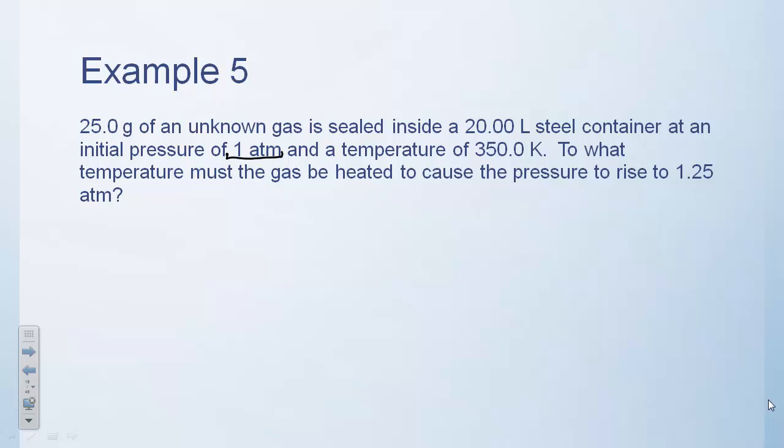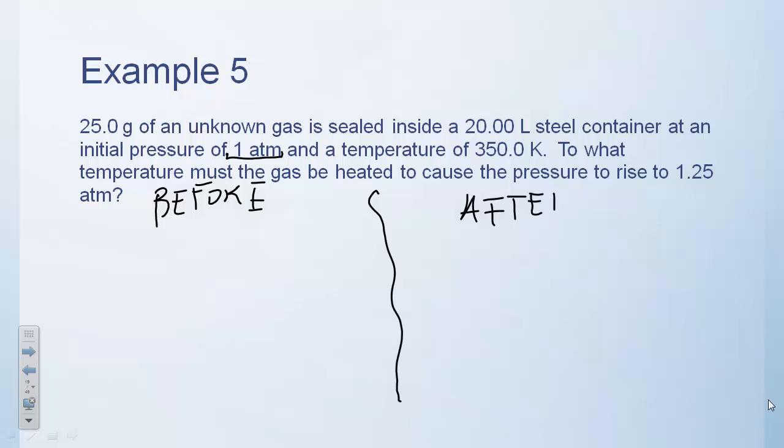The way to approach this problem is to think about the fact that you have two conditions. You have the conditions before the heating, and you have the conditions after, when the heating's completed. But remember that the ideal gas law applies in each of these cases.